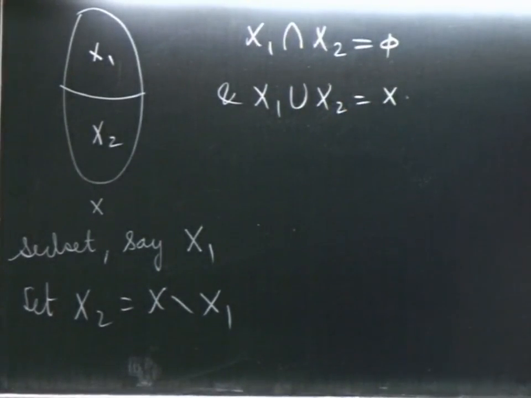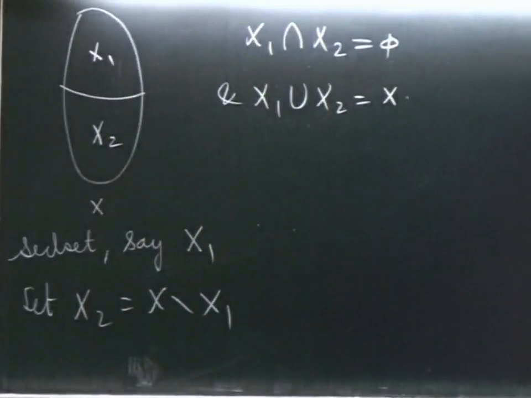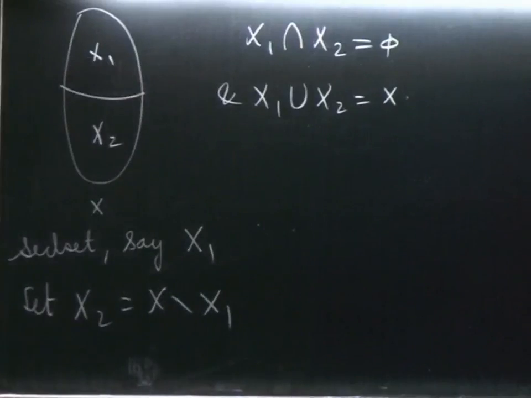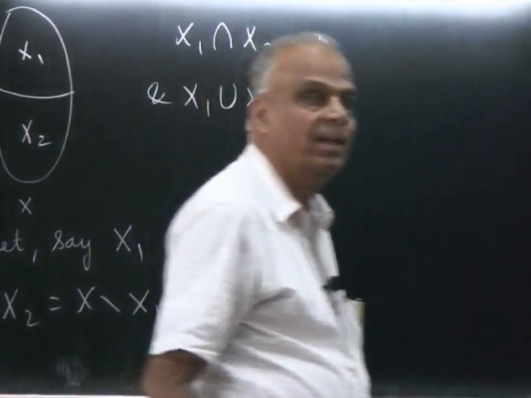Now we are going to focus on this X1. What do we know about X1? It is a countably infinite set, and therefore by property 2 it must be equivalent to a proper subset.